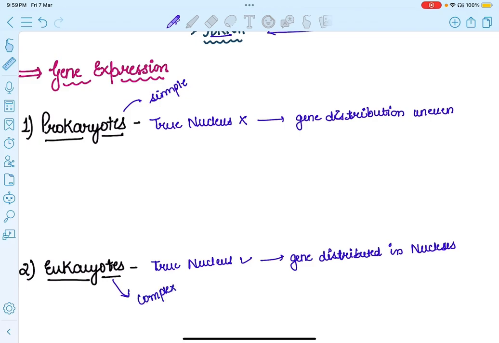So let's talk about prokaryotes first. First of all, since there is no true nucleus and the gene's distribution is uneven, that means the gene expression takes place in cytoplasm.